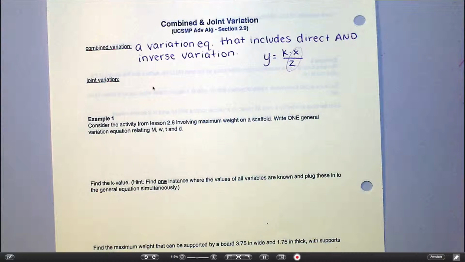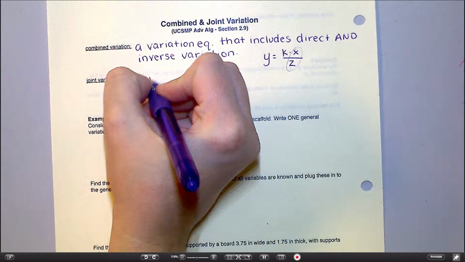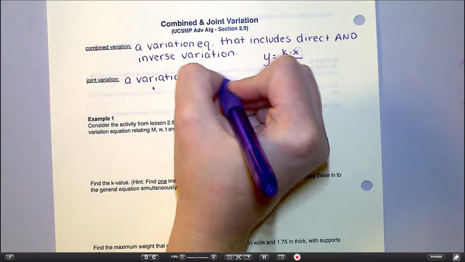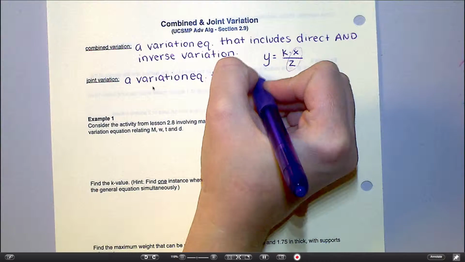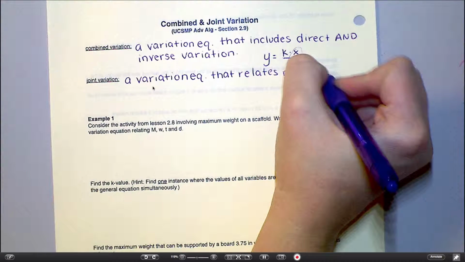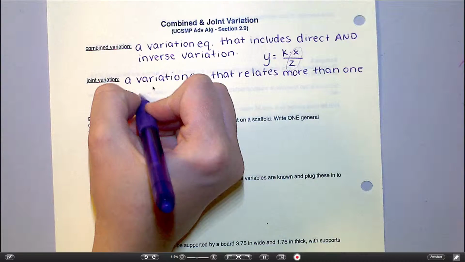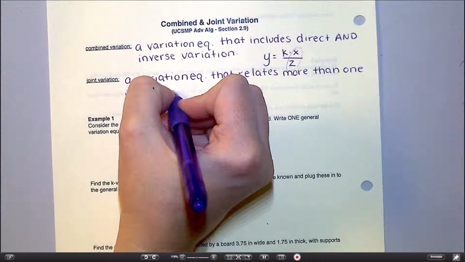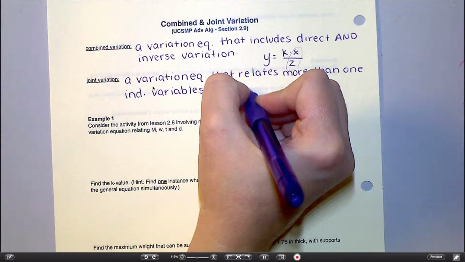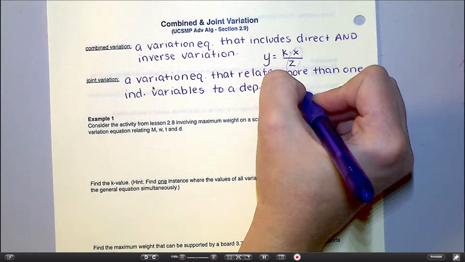And then joint variation is just a little bit different. Joint variation is a variation equation that relates more than one independent variable to a dependent variable through direct variation.